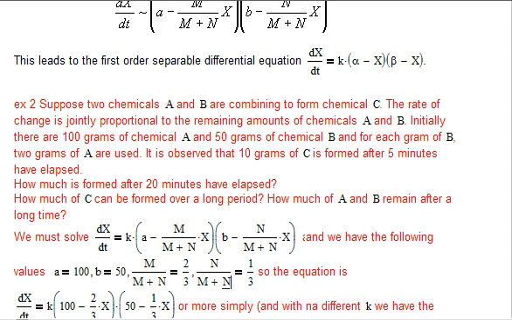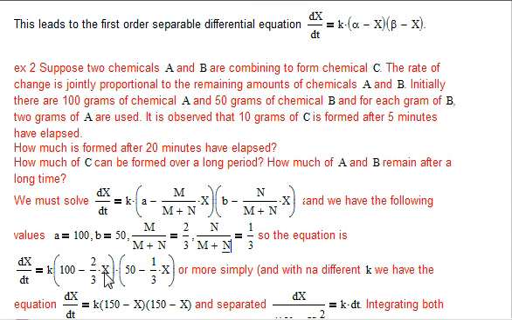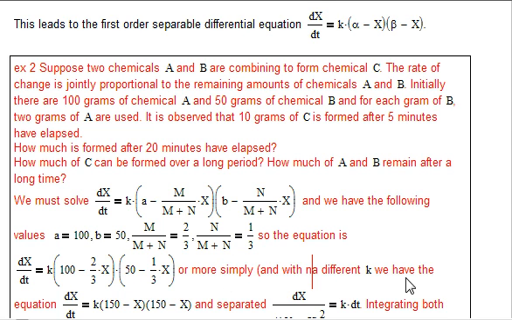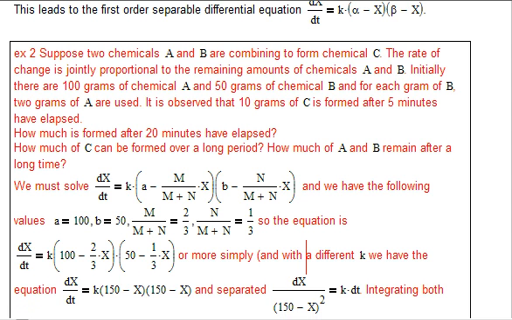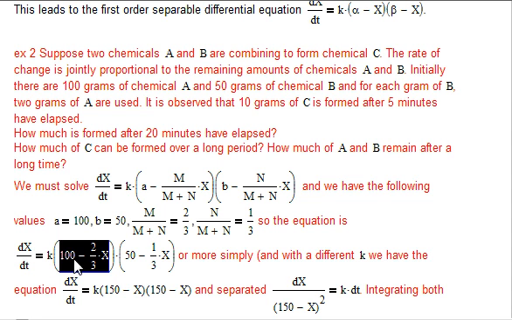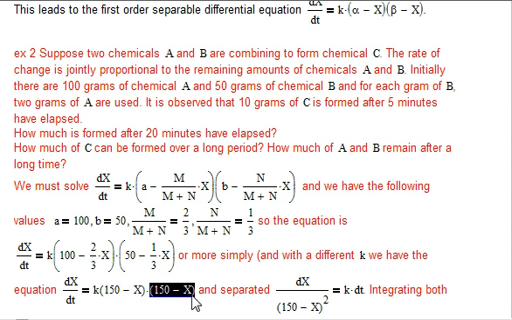And so the equation is K times 100 minus 2/3 X times 50 minus 1/3 X, or more simply, with, well, this is a different K, but all we had to do is take our other K and multiply by stuff, so we could multiply by 3/2 this expression, and so to make this one 2/3 of that K, and multiply this one by 3, see, to get this.